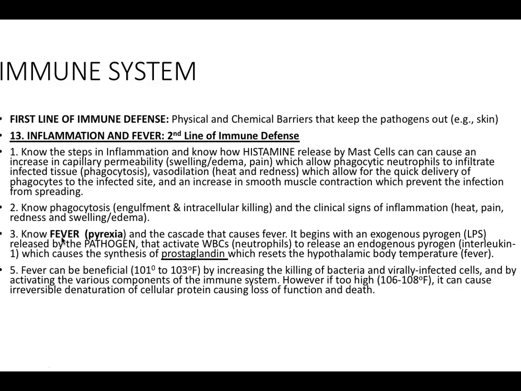If it's deadly, like the influenza virus, when people get the flu, they have a fever. The fever, called pyrexia, is a cascade that will give the body extra power to kill the virus.